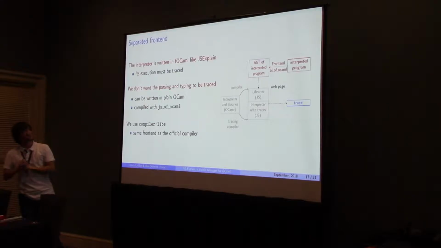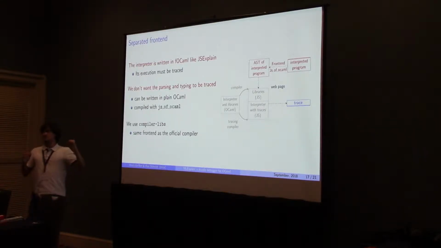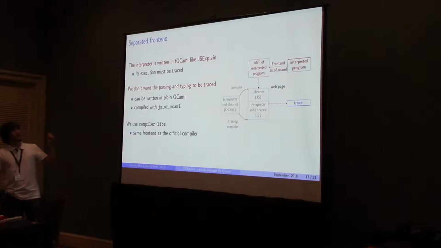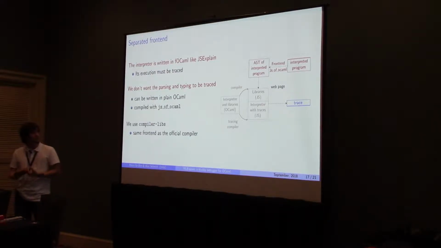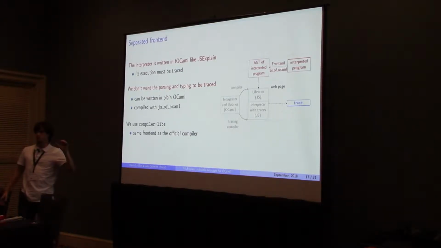The first one is that the execution will be traced, so we compile the interpreter with Generator, and everything is written in OCaml. The front end we don't want to trace, because it has nothing to do with the actual interpretation of the program.